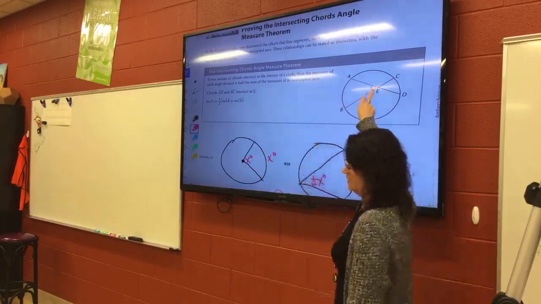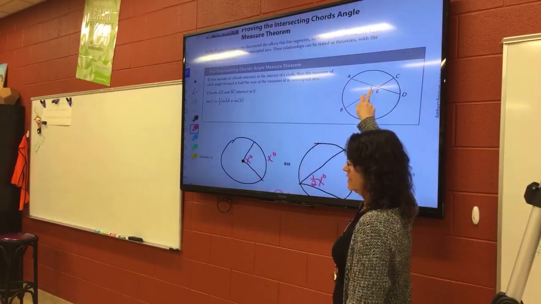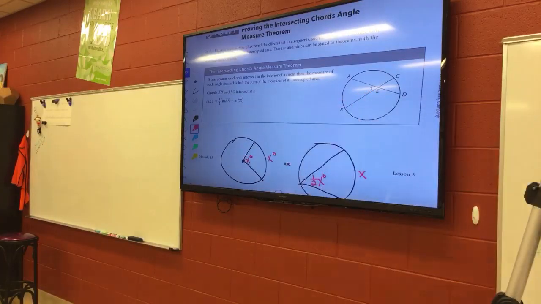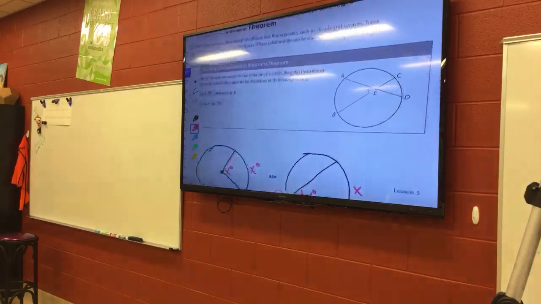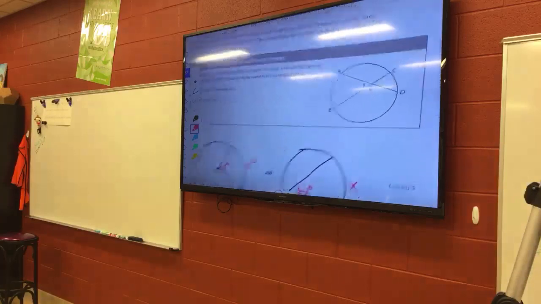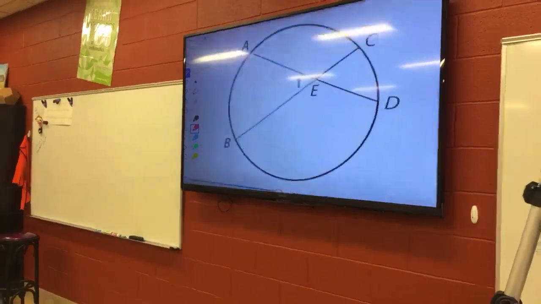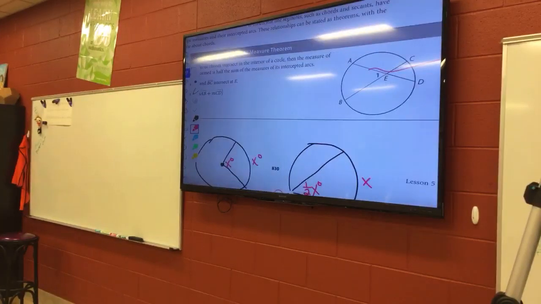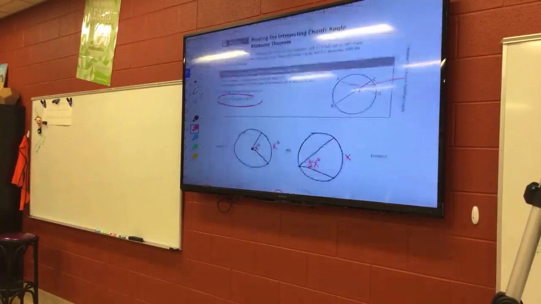It's not the center of the circle, okay? It's just in the circle. So what this is saying is the measure of this angle is half of the two arcs.